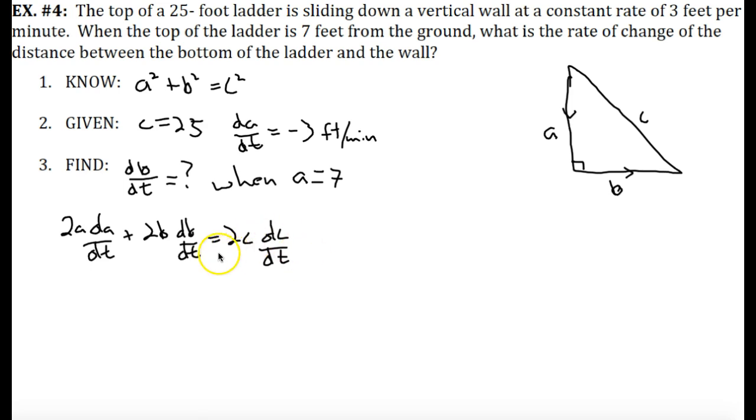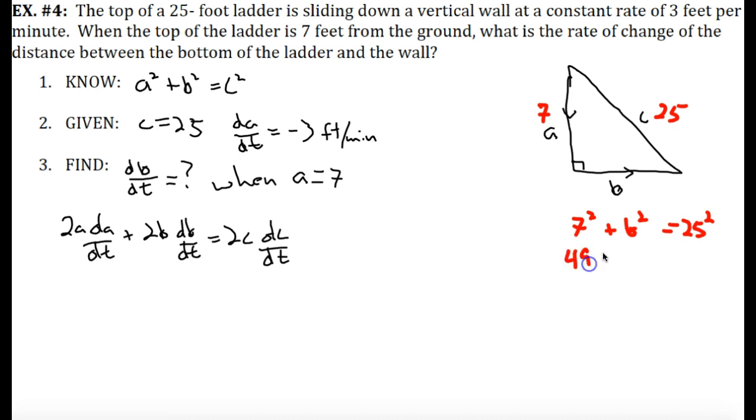First, I don't know B. Well, this is a right triangle. I know 2 sides. I know that C is 25, and I know that A is 7. I can use Pythagorean theorem to find my missing side. So I can say 7 squared plus b squared equals 25 squared, and solve.